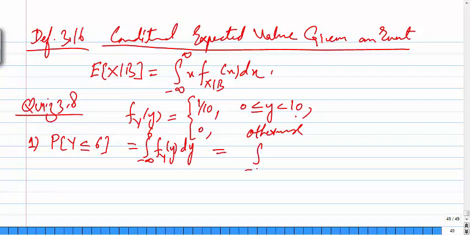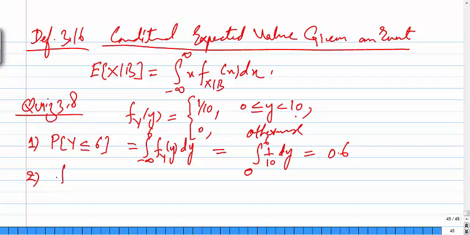Because it starts from 0, we put 0 to 6, plug in 1 by 10, take the integral and plug in the values, so it becomes 0.6.